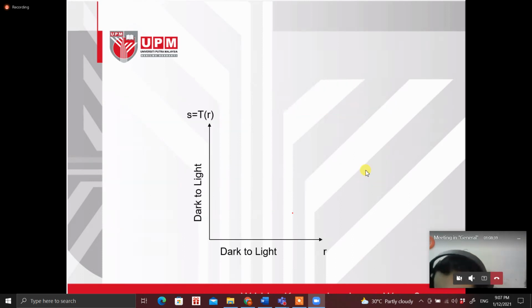So let's look at an example of a simple transformation function.